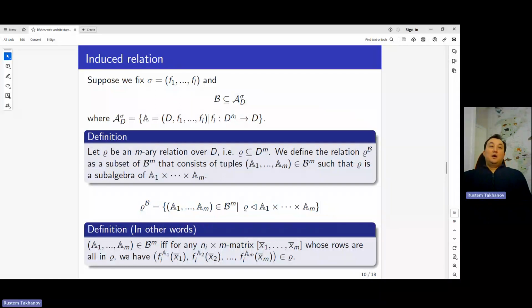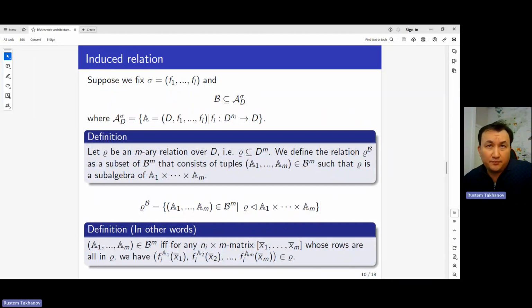So basically, if rho is a subset of D to the power of M, then we can define all such tuples of algebras A1, A2, etc., AM, so that rho is a subalgebra of the Cartesian product A1 times A2 times AM. What does this mean in simple words?